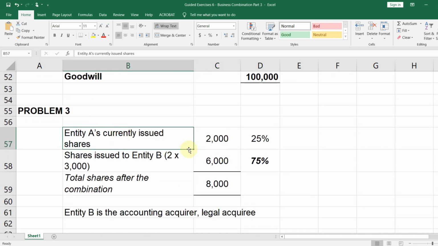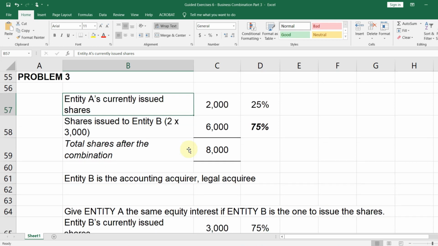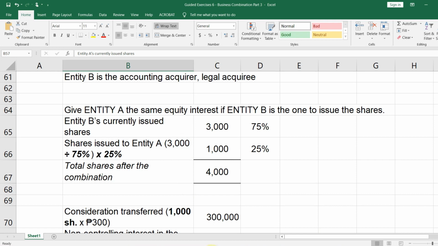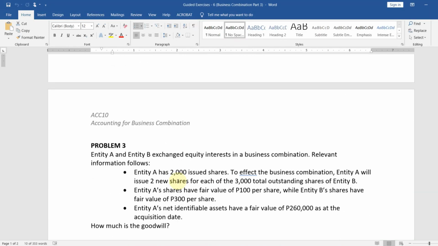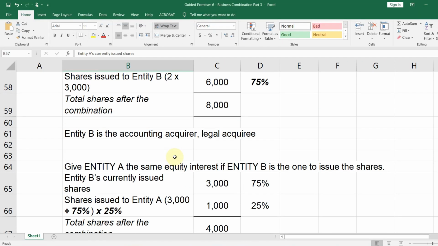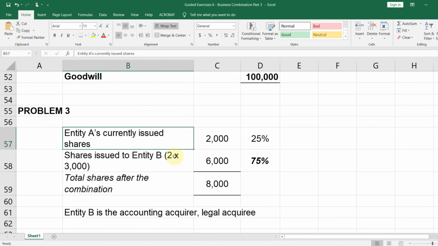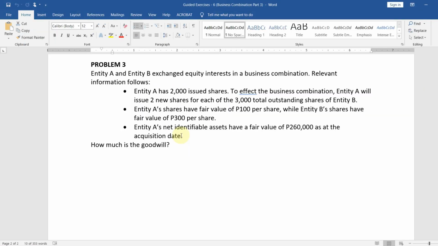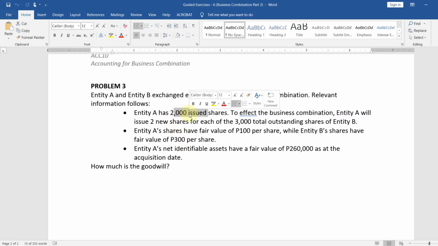For problem 3, it's the same. It's still a reverse acquisition. First, although it wasn't asked, the question is just how much is the goodwill. We want to find out who the accounting acquirer is. Based on the information given, entity A has issued shares of 2,000. For B, entity A will issue 2 shares for each of the 3,000 outstanding shares.